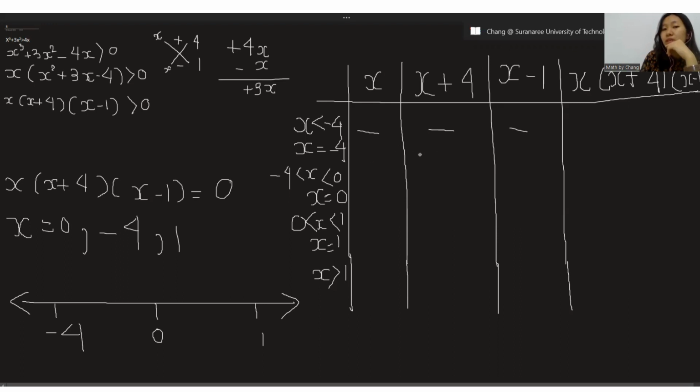Minus and minus gives plus, and plus and minus gives minus. So when the value of x is less than minus 4, the multiplication of these three gets a negative value, and negative is not greater than 0.